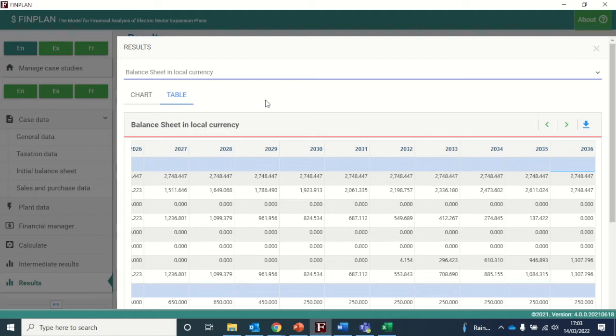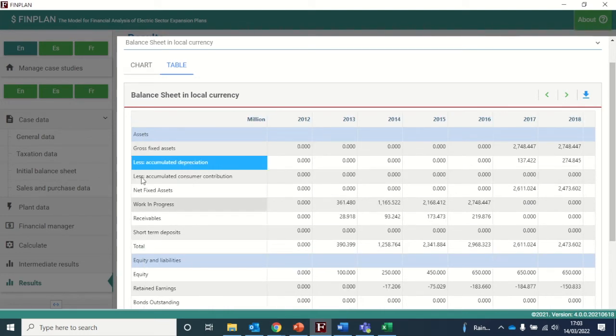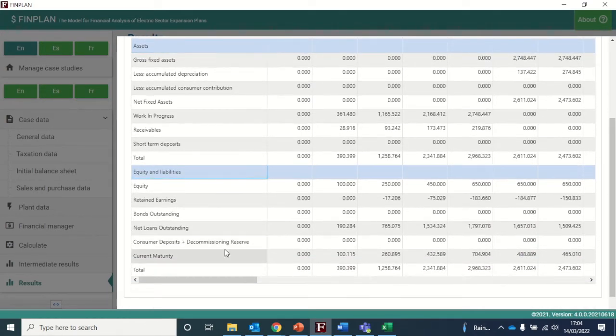What a company owns is called assets, reported in the upper half of the table. So if we move to the left, the first half is assets. And what it owes is called liabilities, which is reported in the second half, over here.